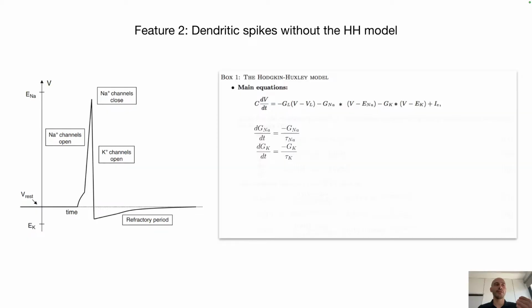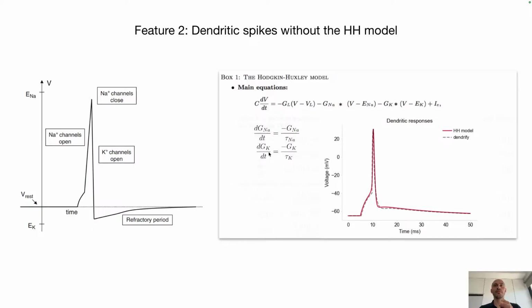We stripped away a lot of the complexity and we just utilized two channels, I'm going to go into more detail later, namely a positive channel and a negative channel. And in conjunction, they allow a very good representation of the HH model without needing all these differential equations that, I remind you, need a lot of compute when you're running at large scales.